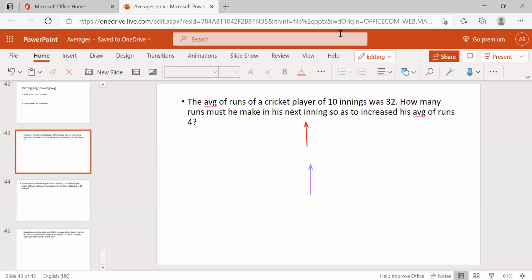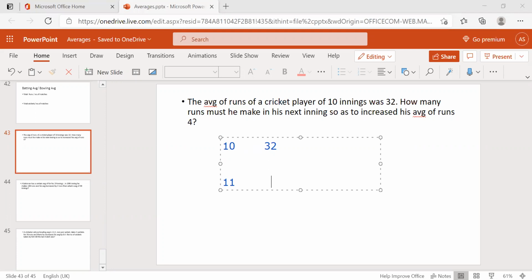Now take this. The average runs of a cricket player in 10 innings is 32. How many runs must he make in his next innings, the 11th innings, to increase the average by 4 runs?